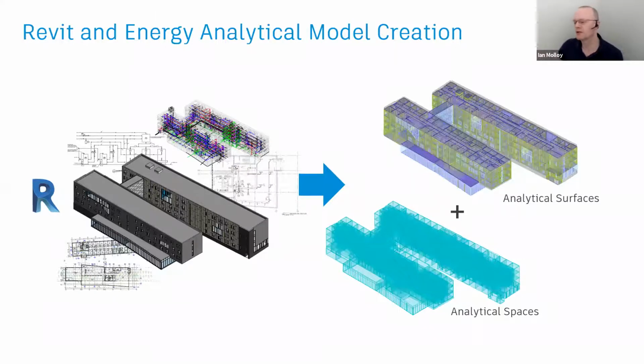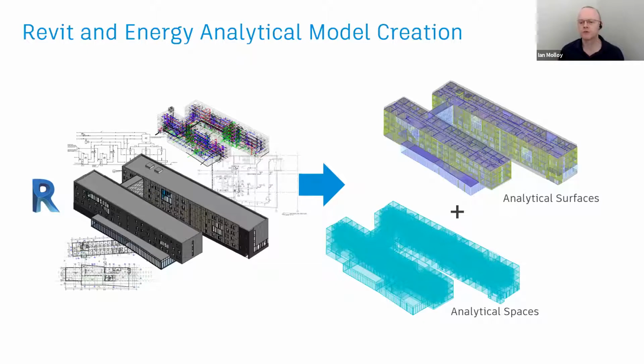Most people will just say an energy model, which means everything, but what we're really talking about here is mainly the geometry. Revit has this concept of a structural analytical model, so to be consistent with that, we use the term analytical model.